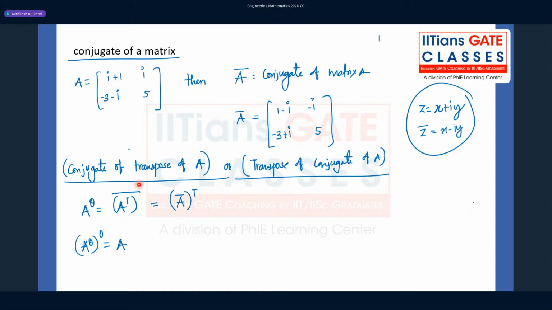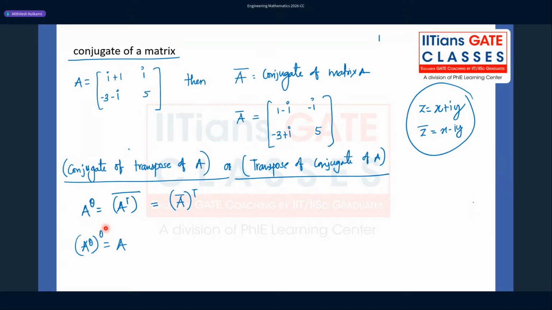Here, if you take a transpose first and then take a conjugate, or if you take a conjugate first and then take a transpose, it is the same thing. And we are representing it as A to the power theta. A to the power theta is when you take both the things, transpose and conjugate.